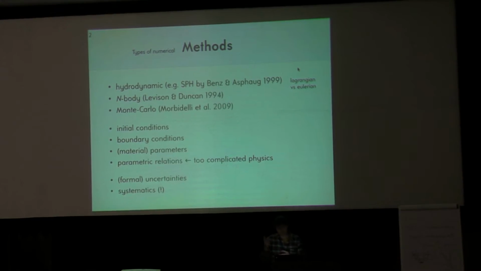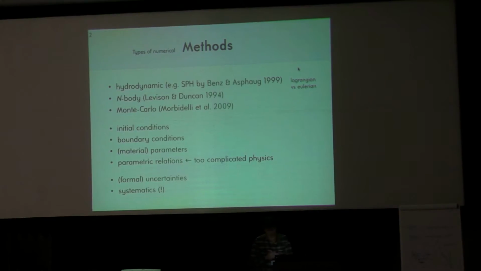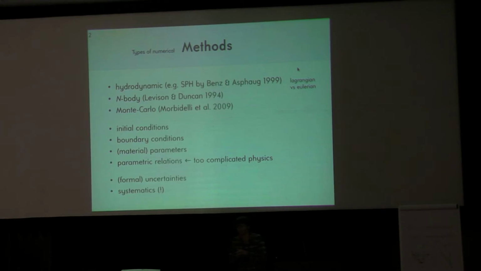And what is even worse, sometimes we have to plug parametric relations into the models, which are an input from more complicated models, or more complicated physics, which we have to believe, and we have to take into account also uncertainties which are very hidden in the parametric relations, describing, for example, fragmentation of objects.